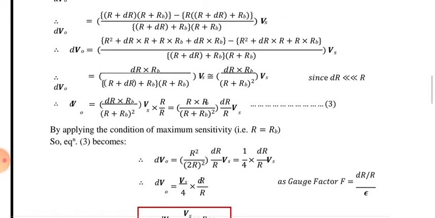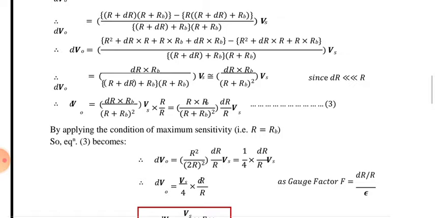Suppose we have replaced RB by R, so it will be twice R bracket square, 2R square. Separating out 2 square and R square, 2 square will be 4, so the equation will be 1 by 4 into DR by R into VS. So DVO equal to VS by 4 into DR by R.